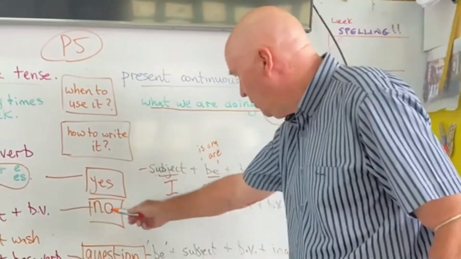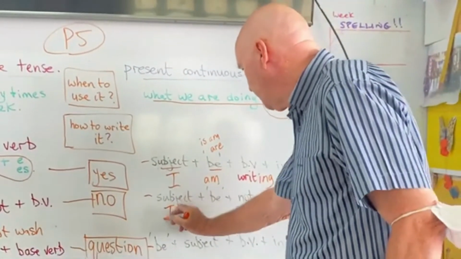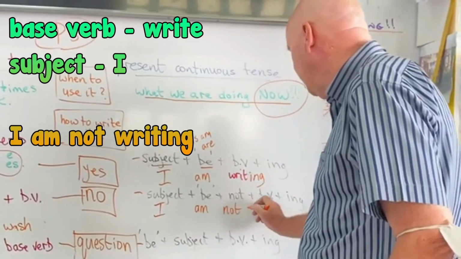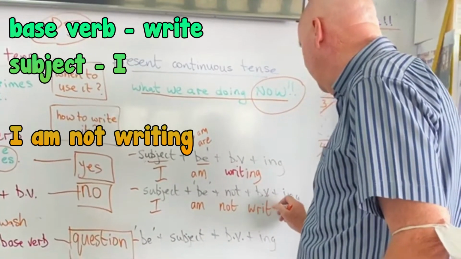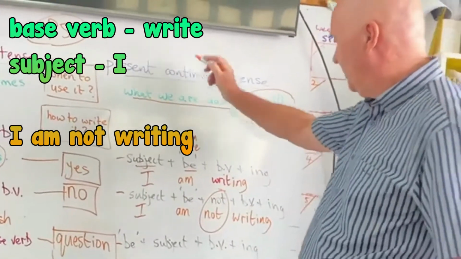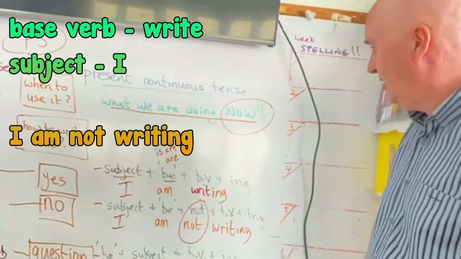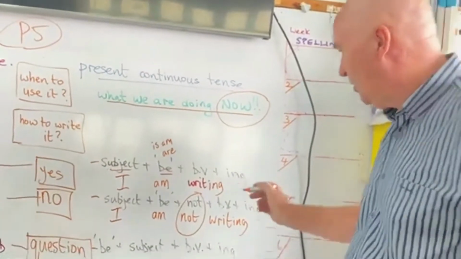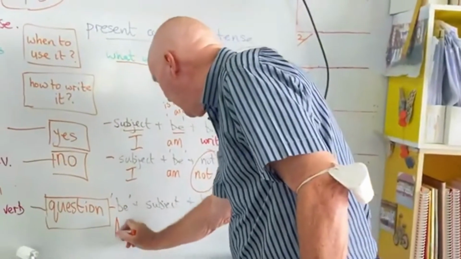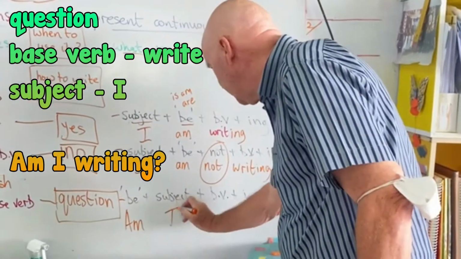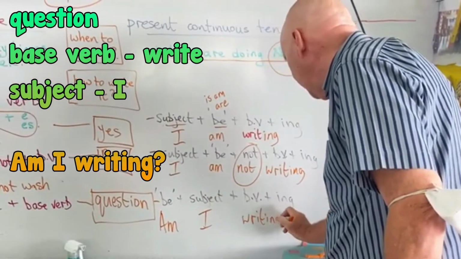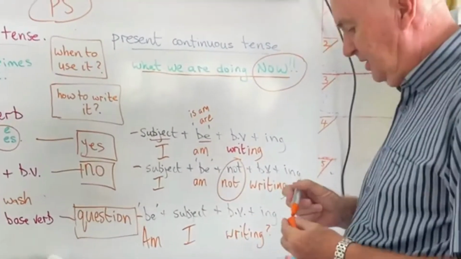If I want to say no, then I would just put I am not writing. If you want to say no with continuous tense, you just use not. And to make a question, you put the verb be at the front. So it would be am I writing. So that's continuous tense.